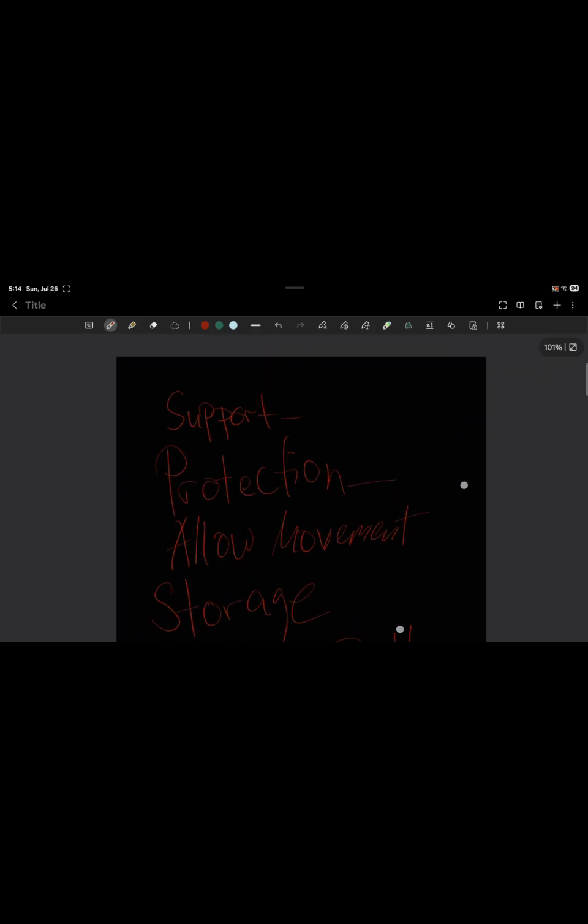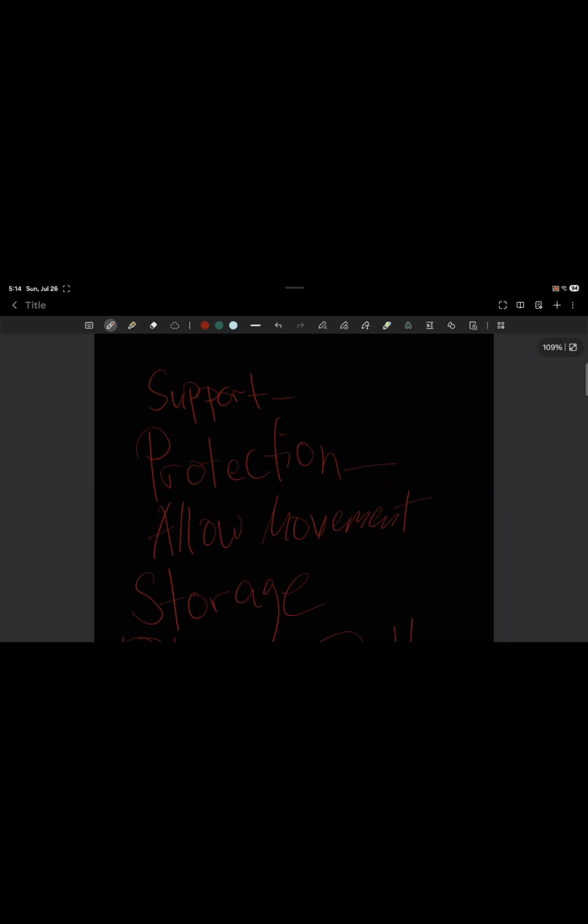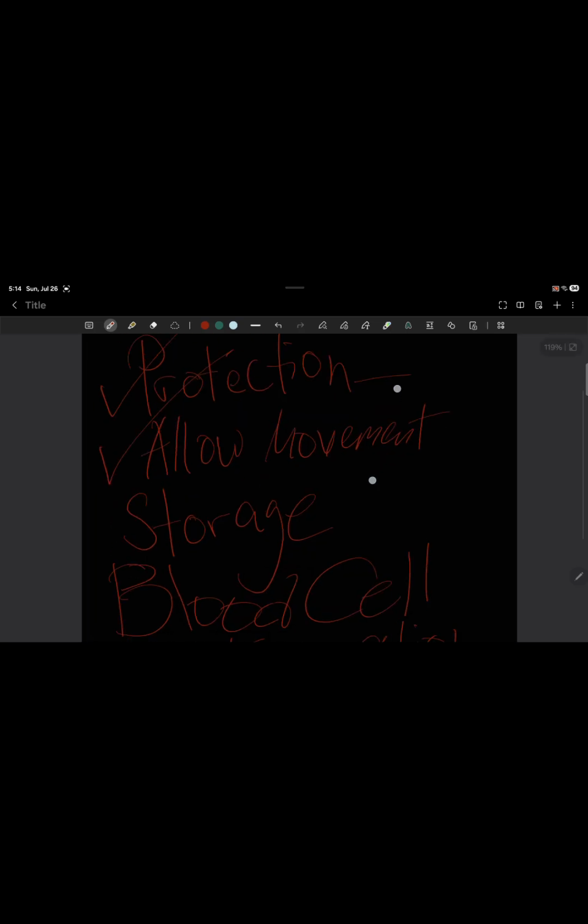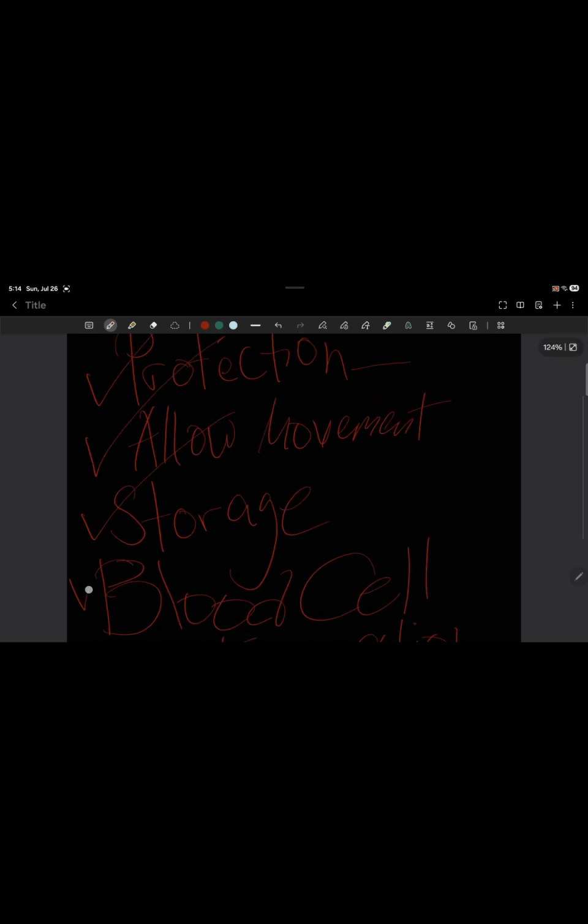So again, these are the five functions of our skeletal system: support, protection, allow movement, storage, and blood cell formation.